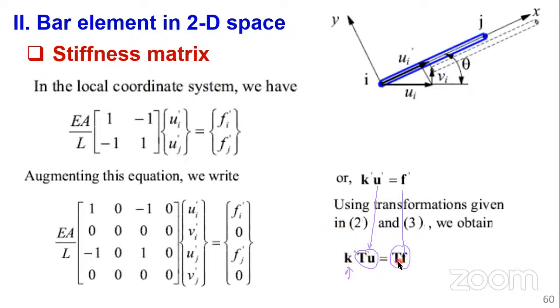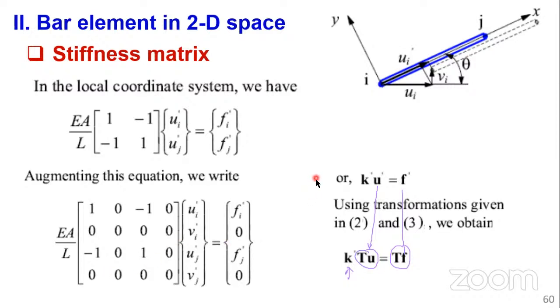One thing to note with this matrix, one of the characteristics we are utilizing, is that the matrix T is orthogonal.